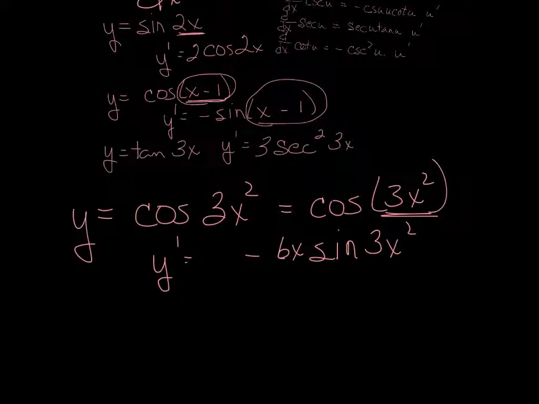What about if I had this problem? Y equals the cosine of 3 times x squared. Do we have to use a product rule? No. Why not? You can distribute that x squared. Well, what is cosine 3?